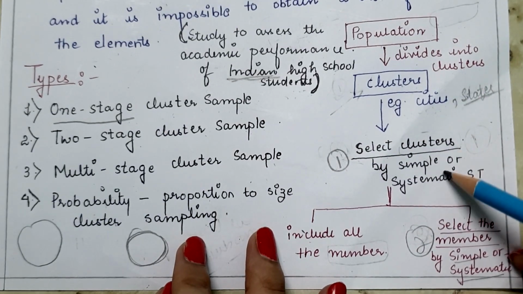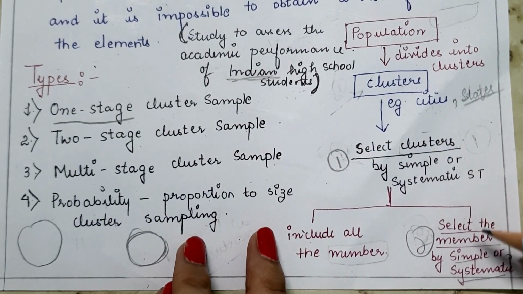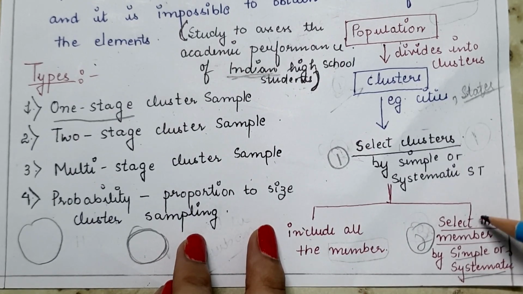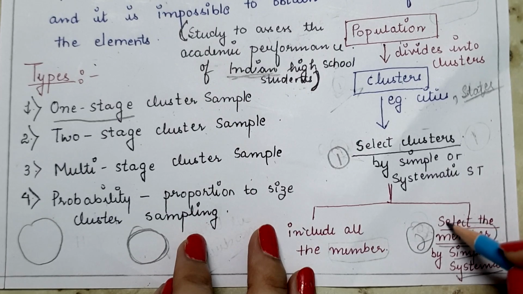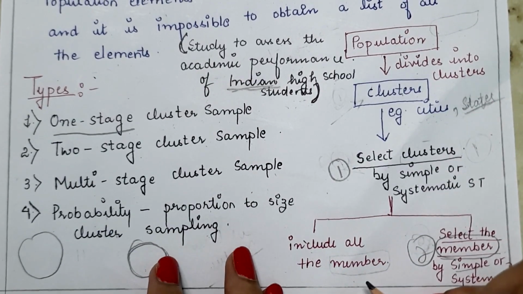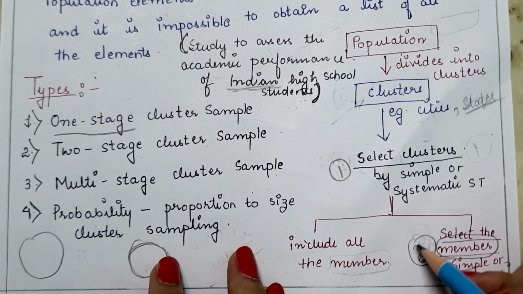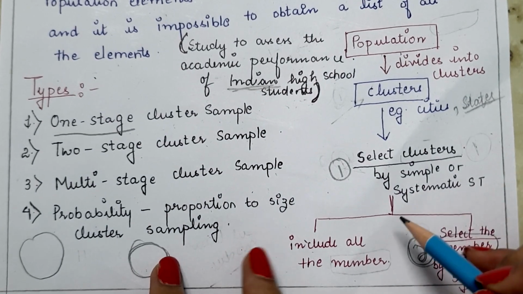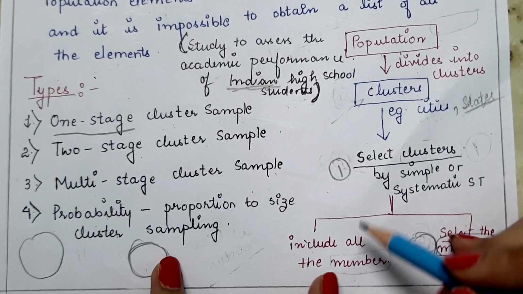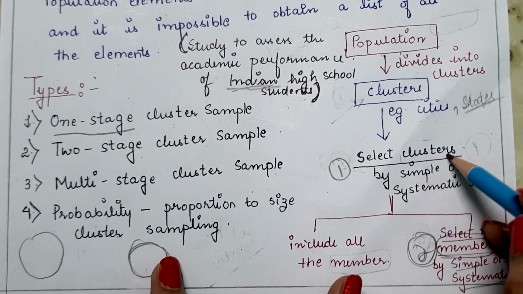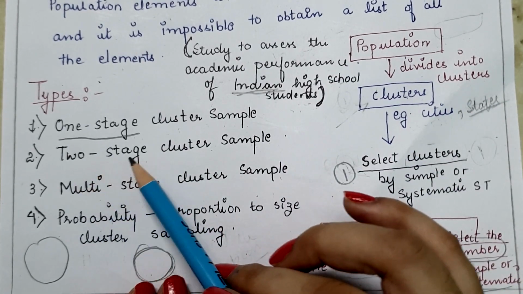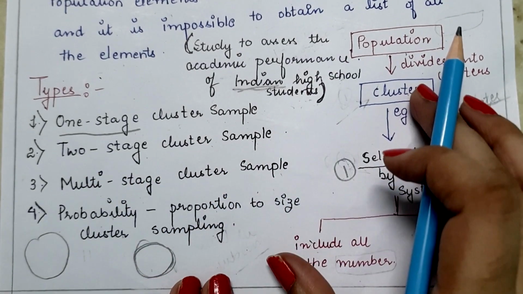And from these selected clusters, the researcher, with the help of simple or systematic random sampling technique, selects the members for the research. That is stage 2. Or the researcher might include all the members from these selected clusters. That is known as two-stage cluster sample.